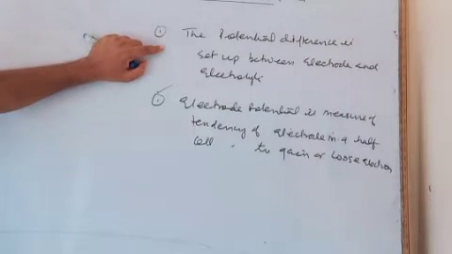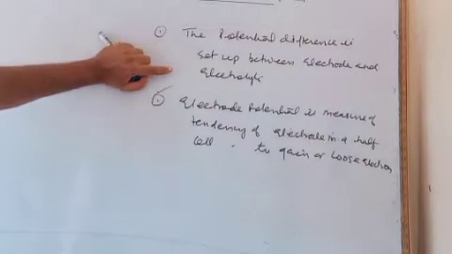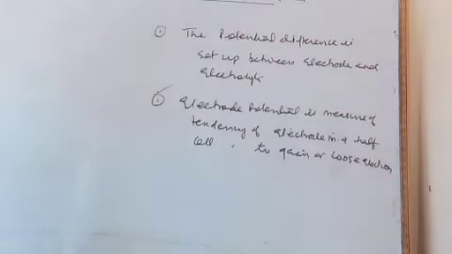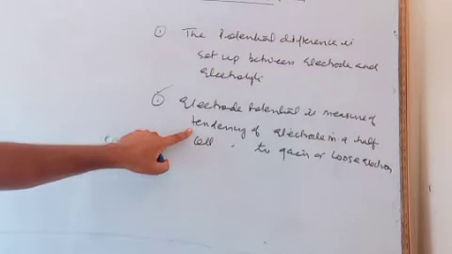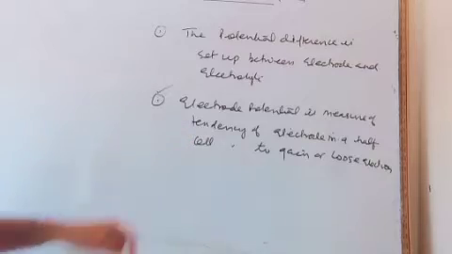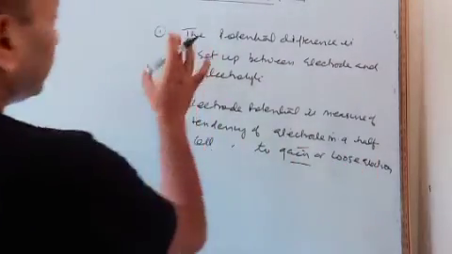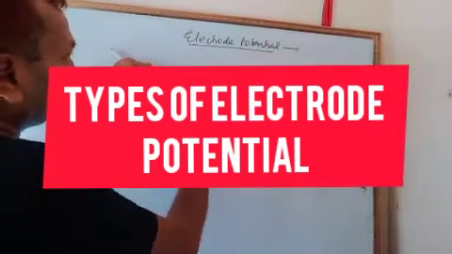The potential difference set up between electrode and electrolyte is known as electrode potential. The electrode potential is a measure of the tendency of an electrode in a half cell to gain or lose electrons.